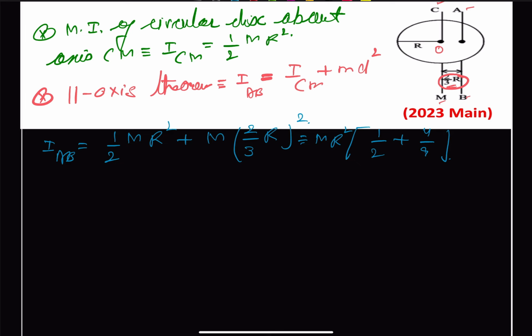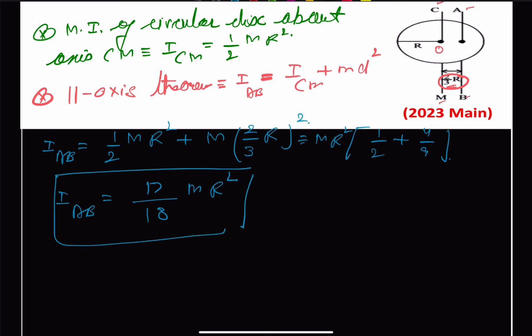So we can say IAB will be equal to, LCM will be 18, and this is 9 plus 8, which is 17 mr square. So we have both the moment of inertia for the CM axis and for the AB axis.